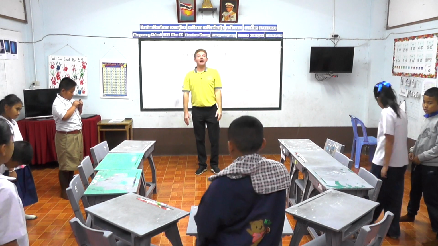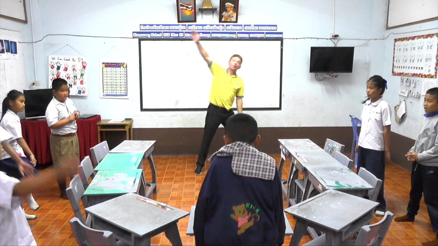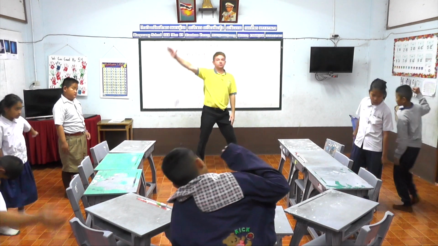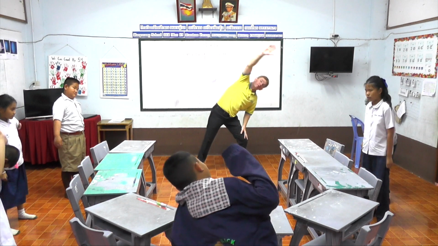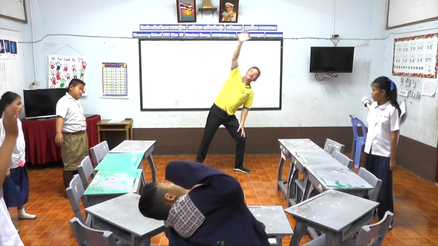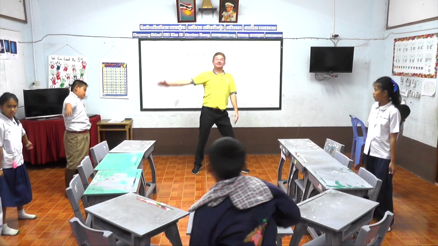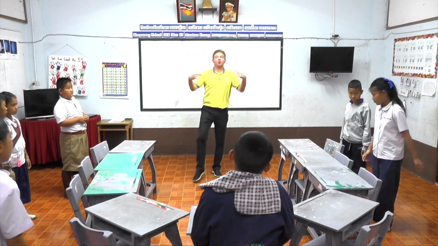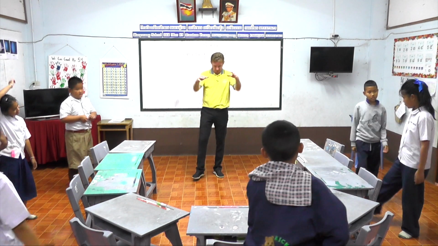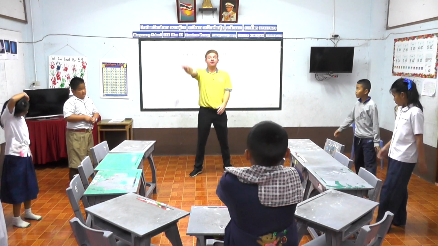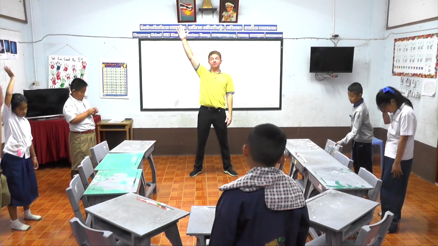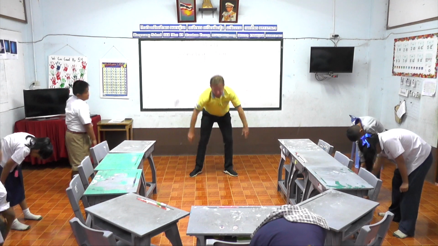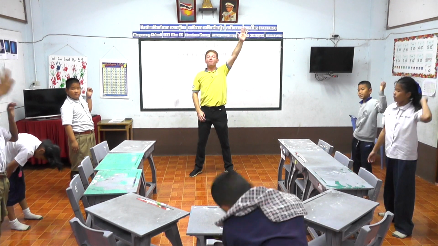And then we'll do 5 stretches to our left. 1, 2, 3, 4, 5. Excellent, guys. Now let's have a shake. Arms and legs, shake it out. And then we'll take our right hand and find our left foot. Left hand, right foot.